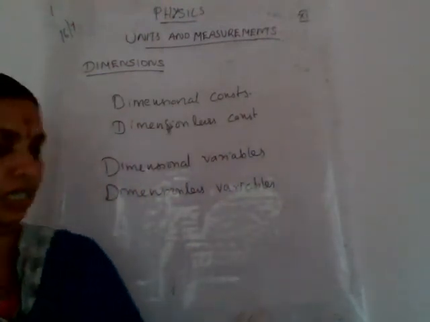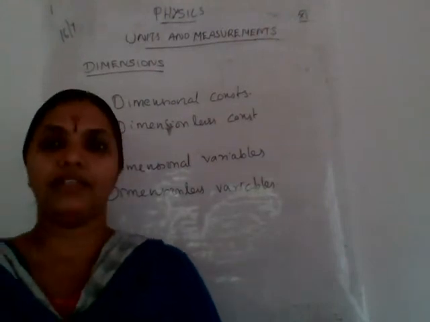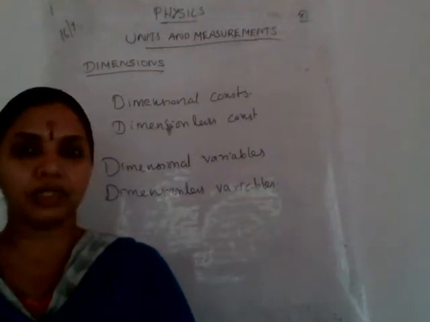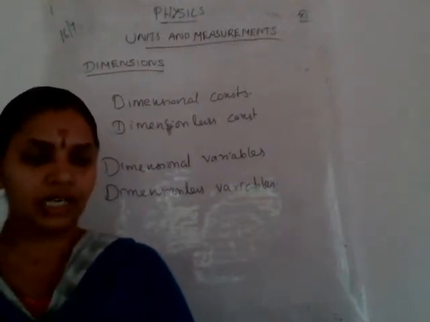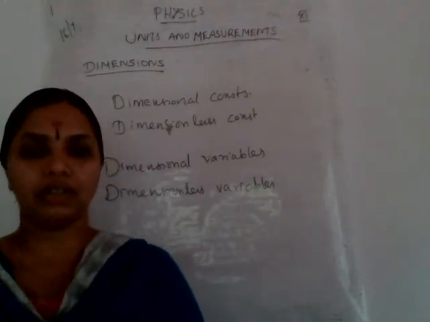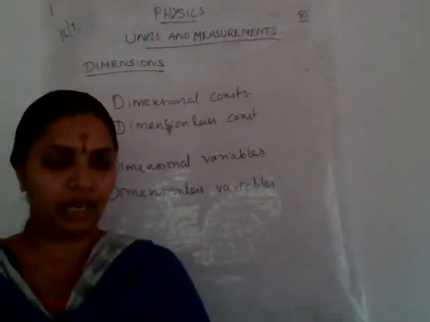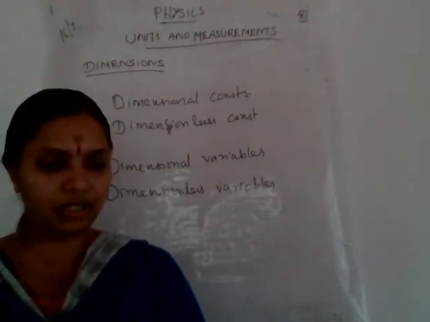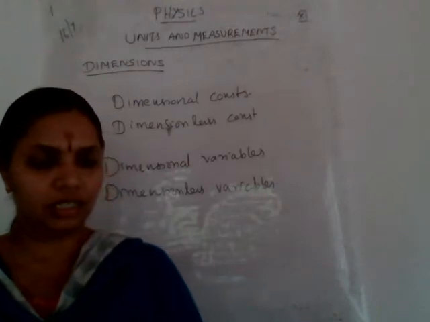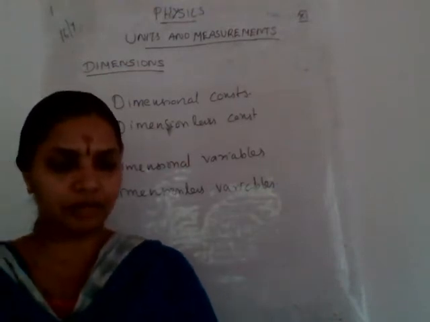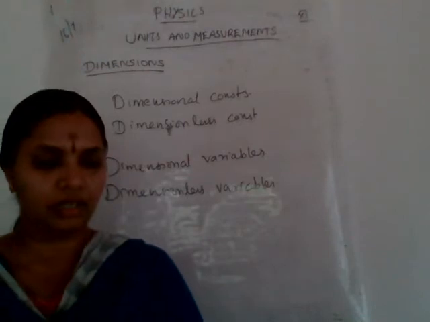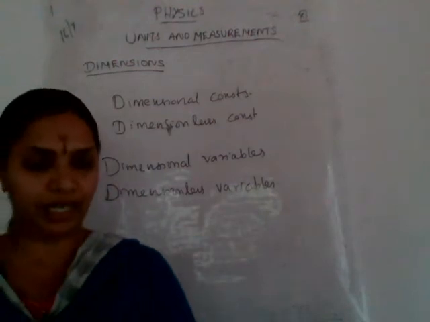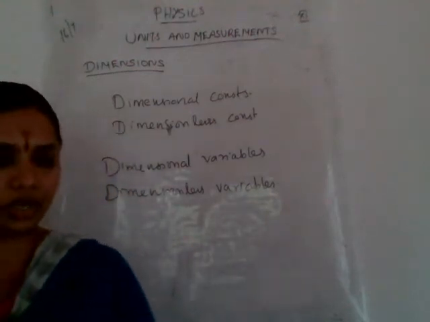Dimensional constants, physical quantities which possess dimension and have constant values. Gravitational constant, velocity of light, etc. Examples.